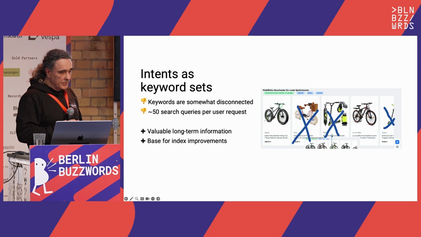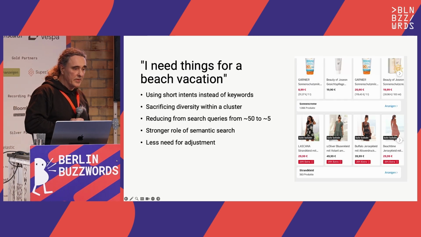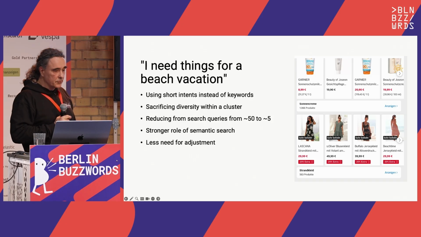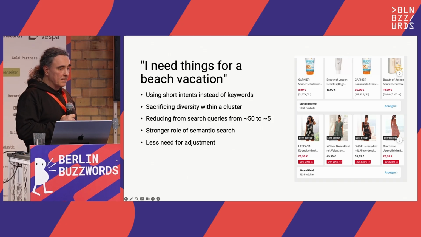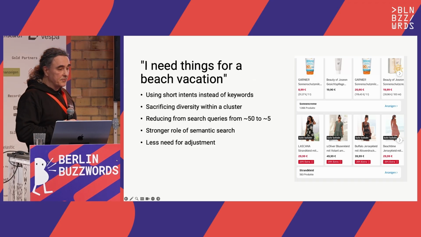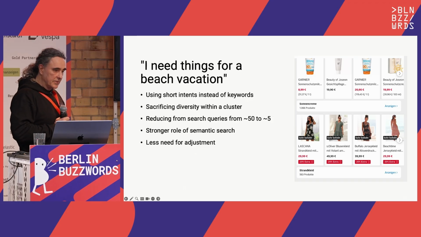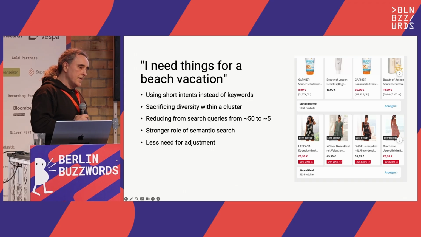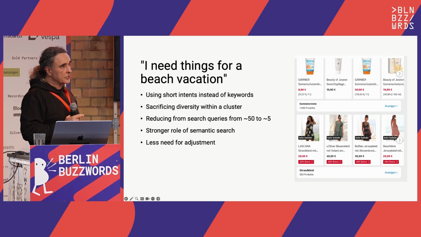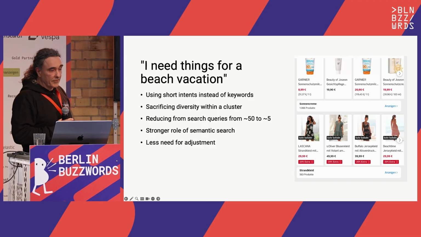To address these two problems, we changed the mapping a little bit. Instead of mapping intents to keywords, we mapped directly to short intents. These short intents are less verbose than the intents we originally generated, but they are semantically richer than the fine-grained keywords.